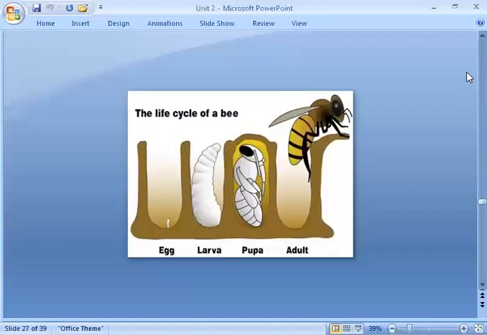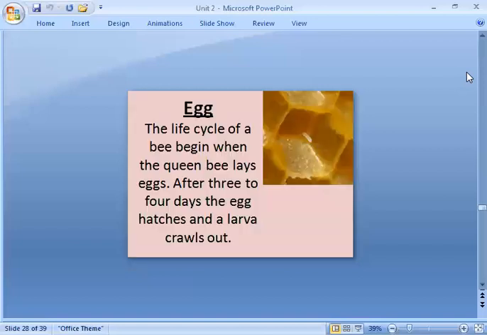Okay, the life cycle of bee has 4 stages: egg, larva, pupa, adult. Repeat with me: egg, larva, pupa, adult. Egg. The life cycle of bee begins when the queen bee lays egg.